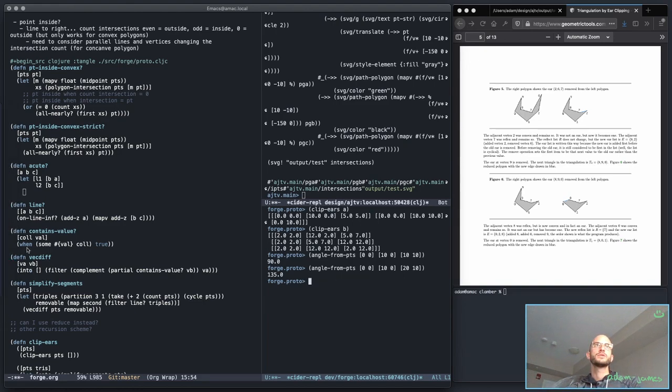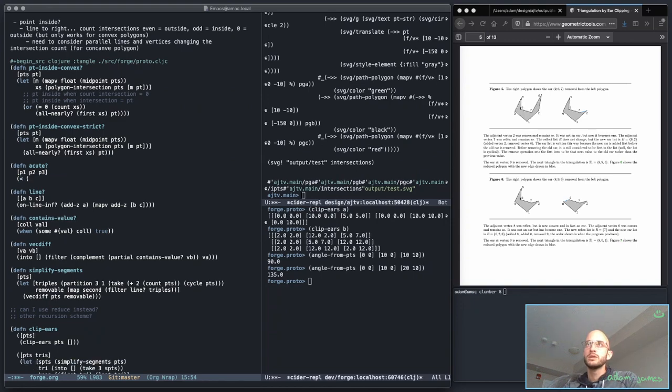Okay, so, well, that's extremely easy. So I'll just do this instead. So acute, P1, P2, P3. And then all I need to do is, if angle from points is less than 180, then it's acute.